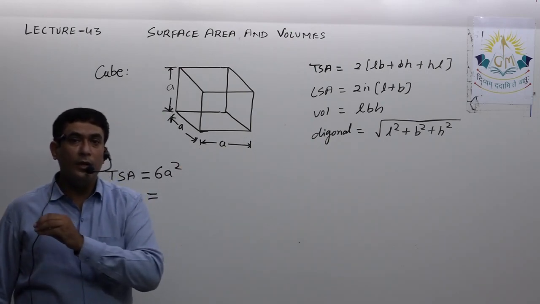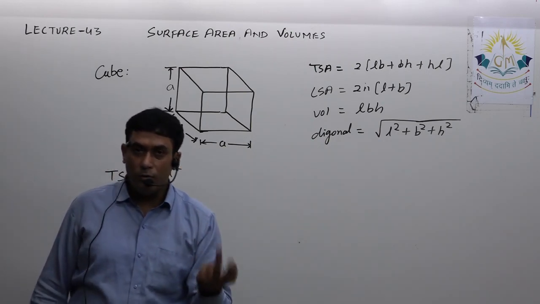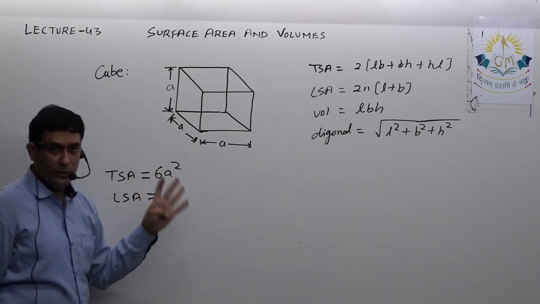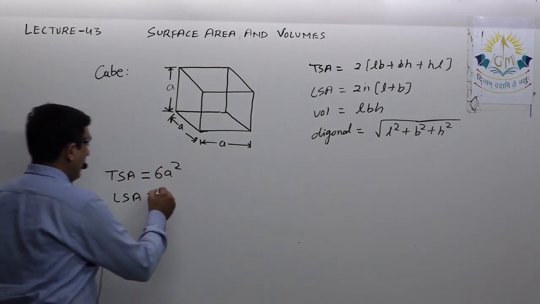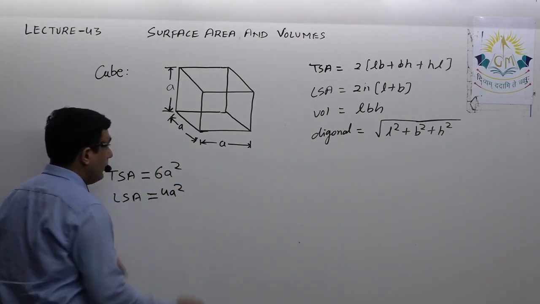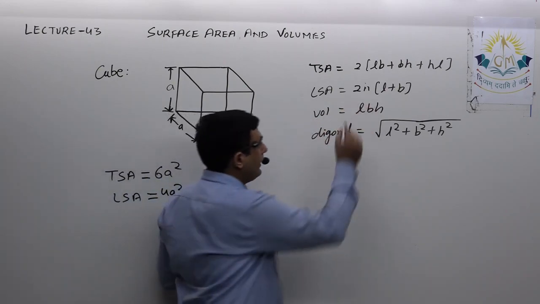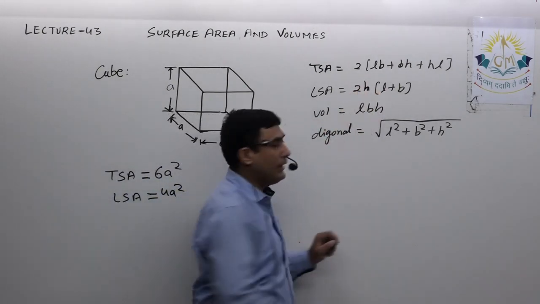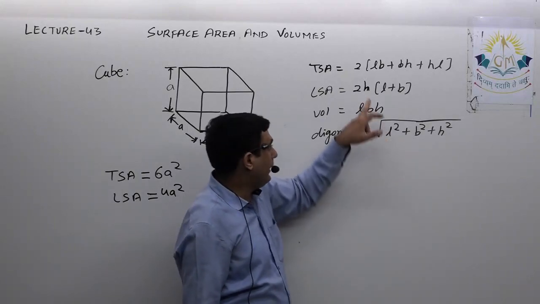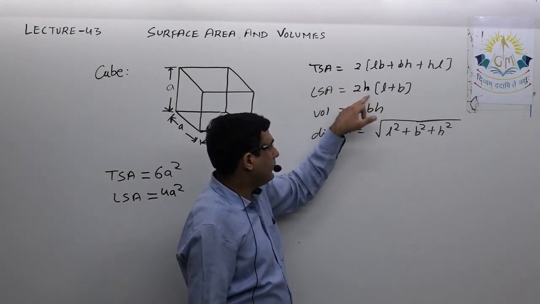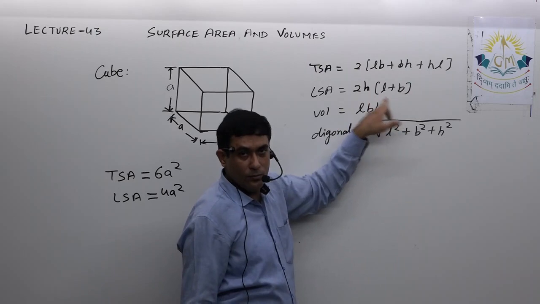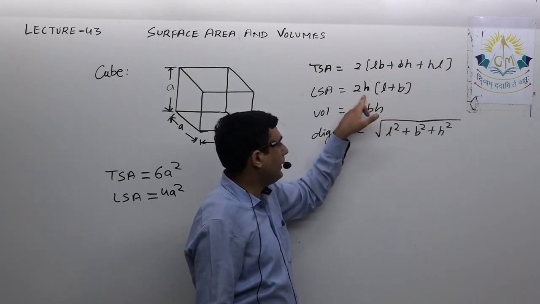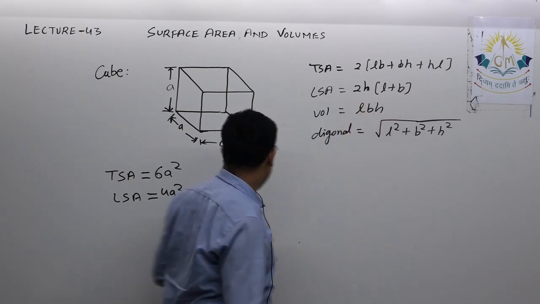That means out of six surfaces we exclude two, so the remaining surfaces are four. So LSA is 4a square. With the help of the formula, I again put L, B, H equal to A: A plus A is 2A, and 2A multiplied by 2A is 4A square.